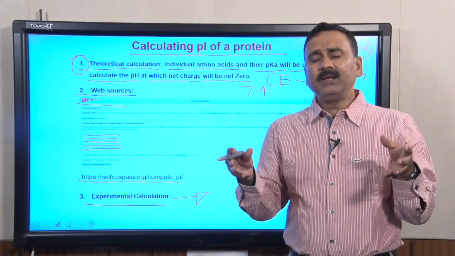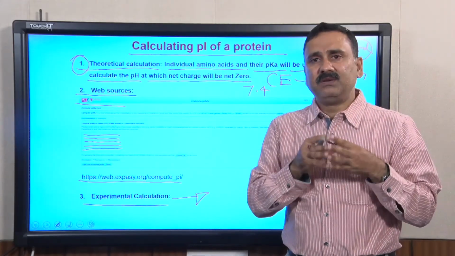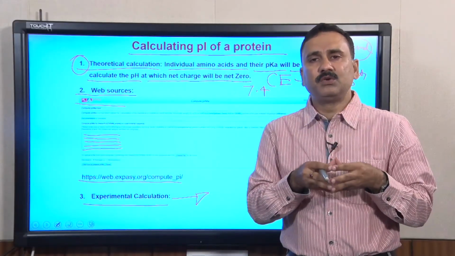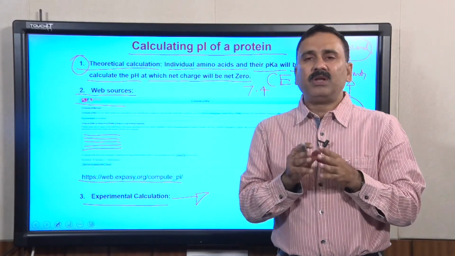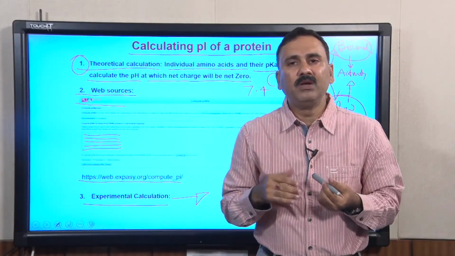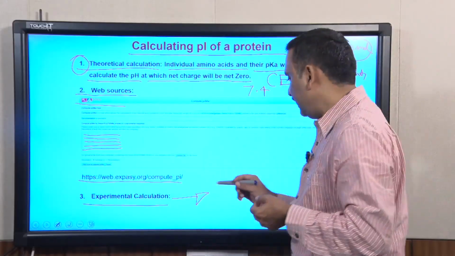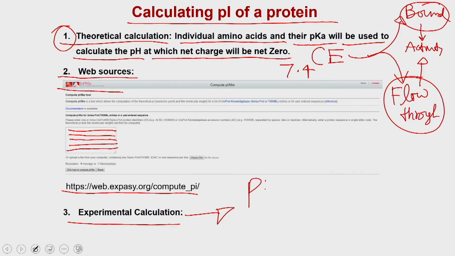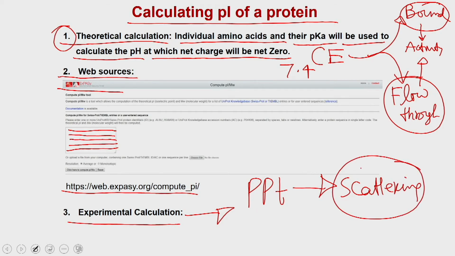But at the pI value, when the net charge is going to be 0, the protein is going to be the least soluble, and because of that the protein will start to precipitate. So, when the protein makes a precipitate, it is going to give you a very high scattering. Now, scattering is something which can be calculated by taking an absorbance at 660 nanometer.